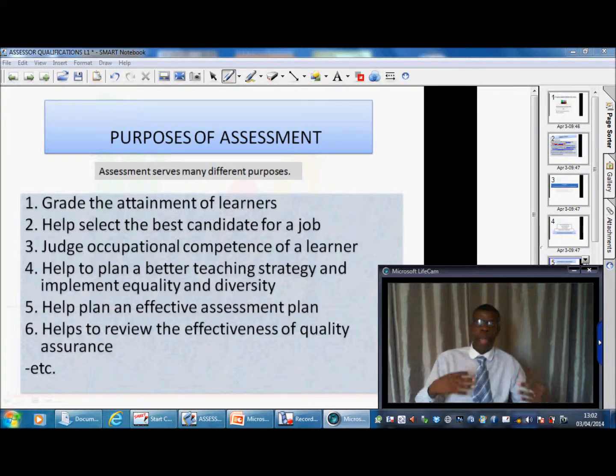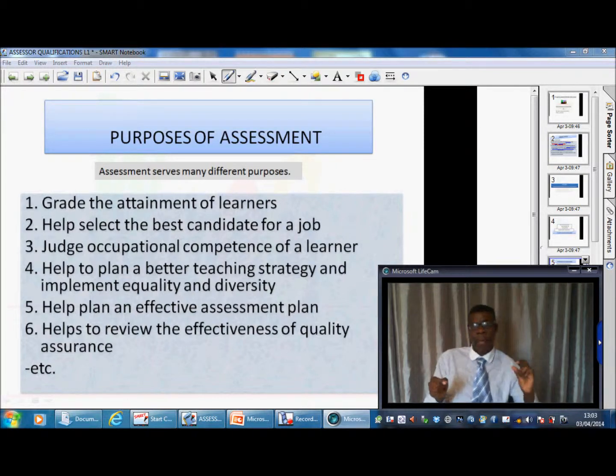That way you are now grading their performance. And of course, from the previous lesson, we talked about the formative assessment and the summative assessment. At the end of the day, you're going to grade. So you are performing at level 3, or you are performing at entry level, or you are performing at A star level, or B star, as the case might be, or you've passed the qualification. That is a purpose for assessment.